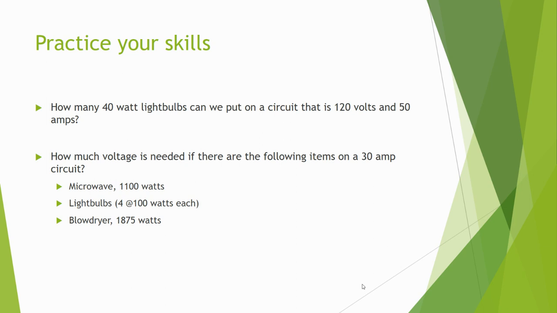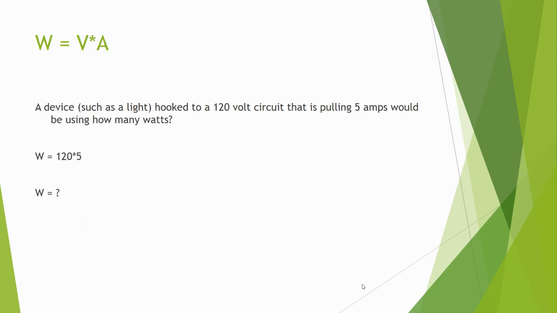Well, you would have to figure out what your total wattage is, and then do the math problem about that. You could do the same thing figuring out which things can be fit on a 30 amp circuit below. So take some time to pause and try those out, and discuss with the people you're working with.